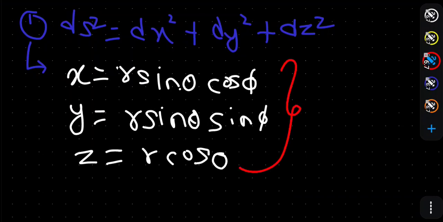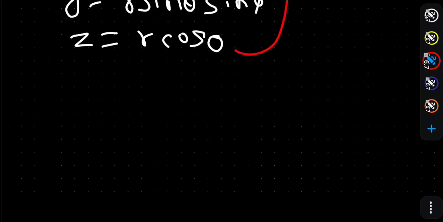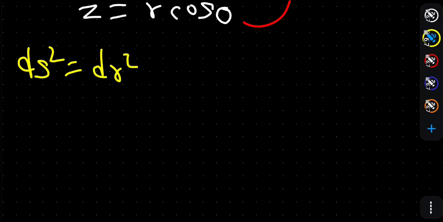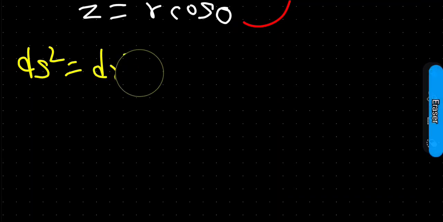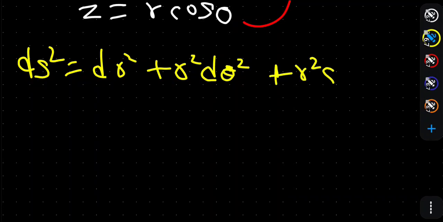I'm not doing all the calculation because it will increase the time of this particular video. So the final result I'm showing in polar coordinates is ds square equals dr square plus r square d theta square, plus r square sine square theta d phi square.